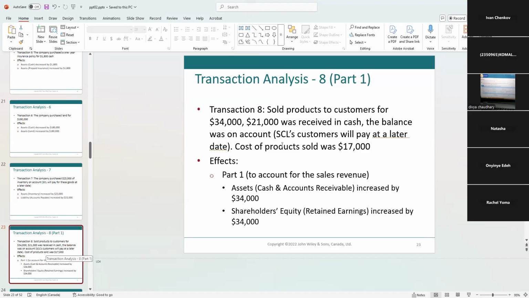The sale is for $34,000. The client pays us $21,000 cash. The balance went on the client's account. And whatever we sell to the client actually cost us $17,000. So let's go and do it.